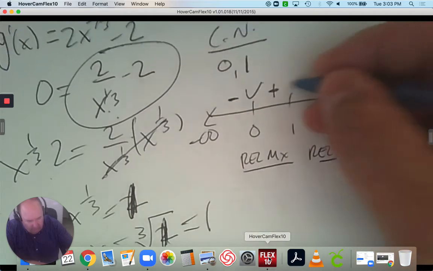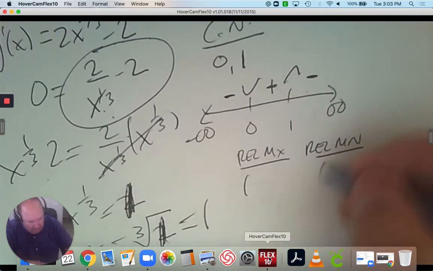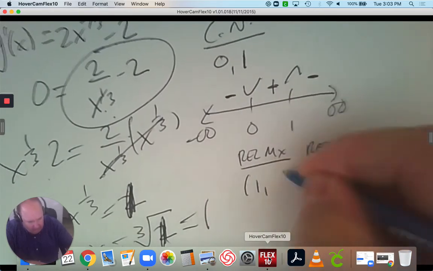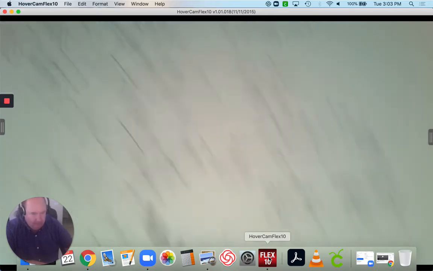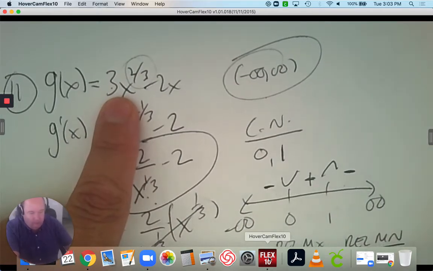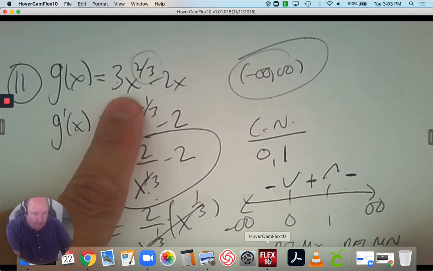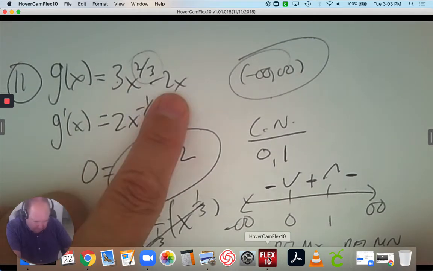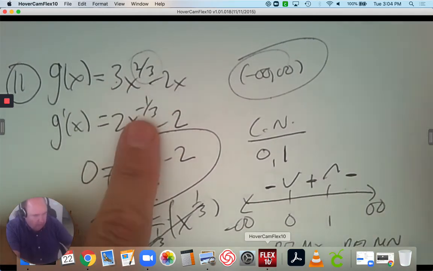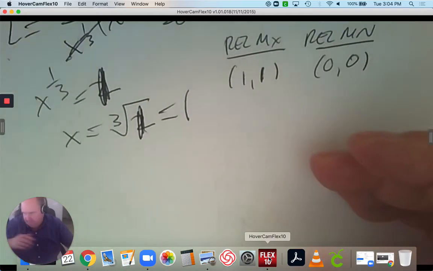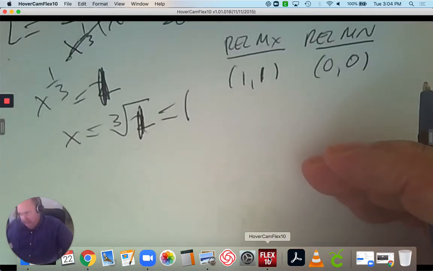So at 0 we have a minimum, and at +1 we have a maximum. Come back here, 0 gives me 0, and +1, 1 to any exponent is 1. So 1, 1 is my maximum. So I have 0, 0, and 1, 1.